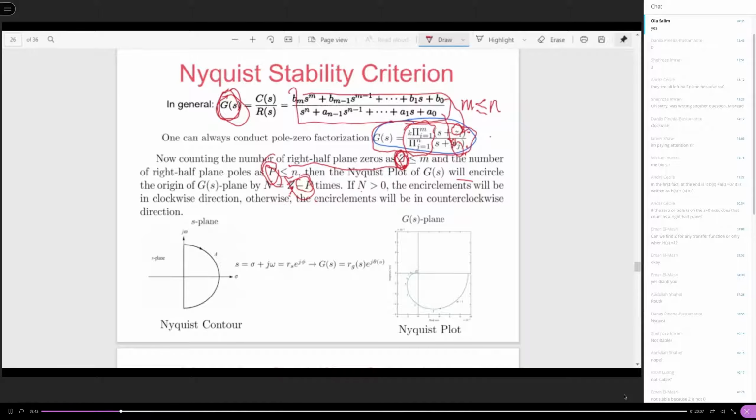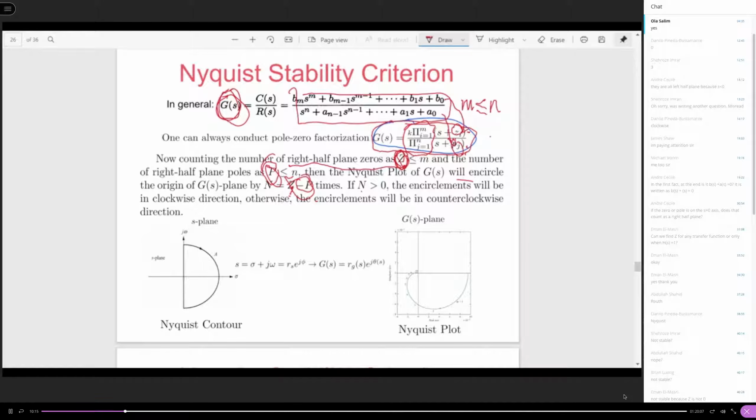If the number of right half plane zeros is more than the number of right half plane poles, then Z minus P is a positive number. So the total Nyquist plot of G(s) is going to have a net number N of encirclements around the origin, and because Z is larger than P, N is larger than 0.